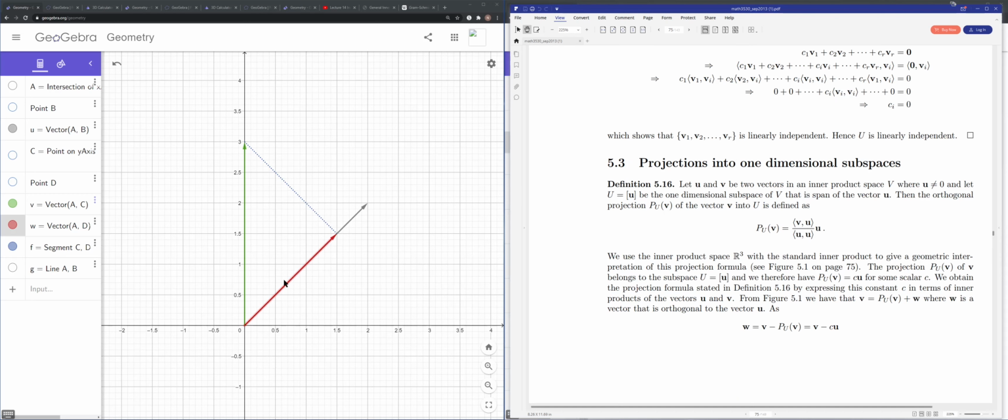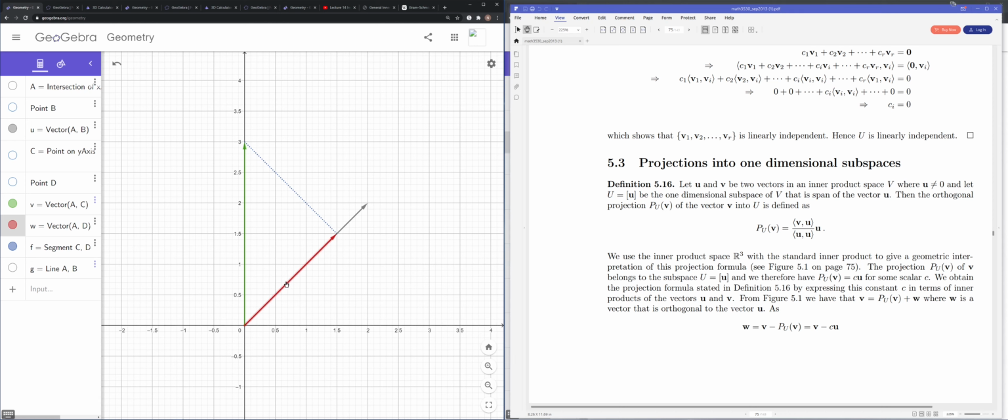Alright, so we saw previously that if I have a vector v and I want to project it into a one-dimensional subspace spanned by vector u, then the v here is the green vector, the vector u is this gray vector, and the actual projection is your red vector.